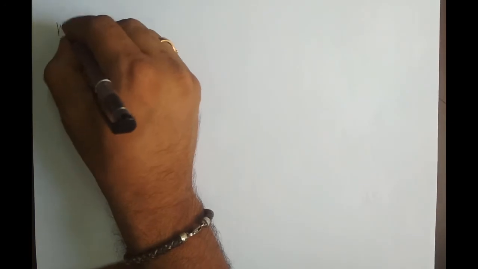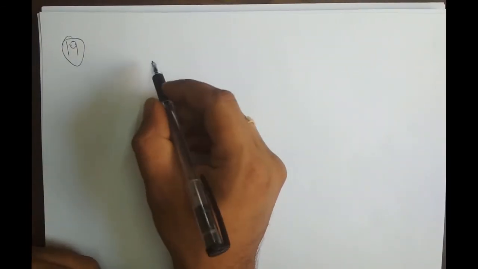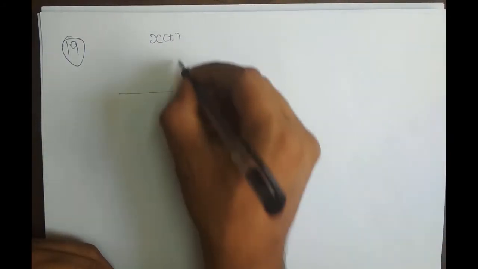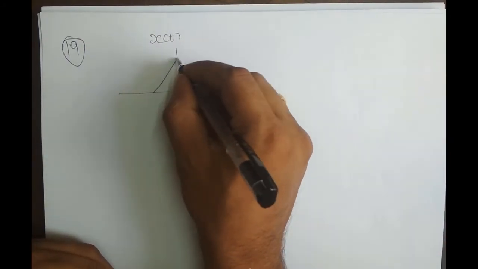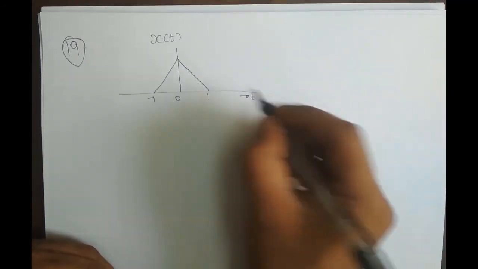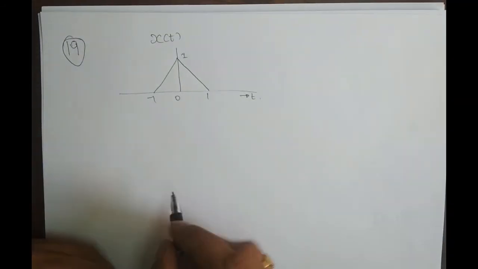Okay. Now problem number 19, I'm not solving it, just take it as an exercise problem. Given x of t is something like this. Minus 1, 0, 1, and this is t. This is also 1. Okay.